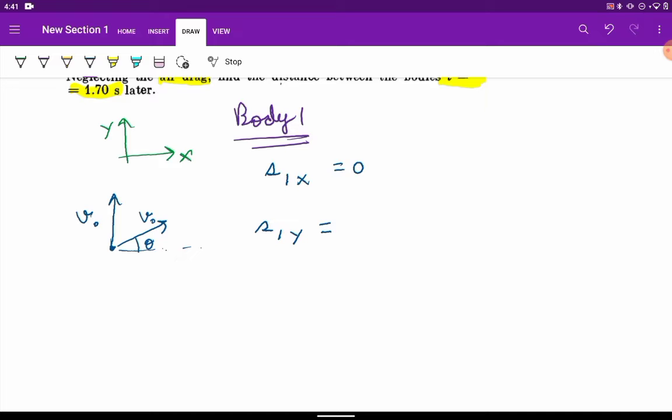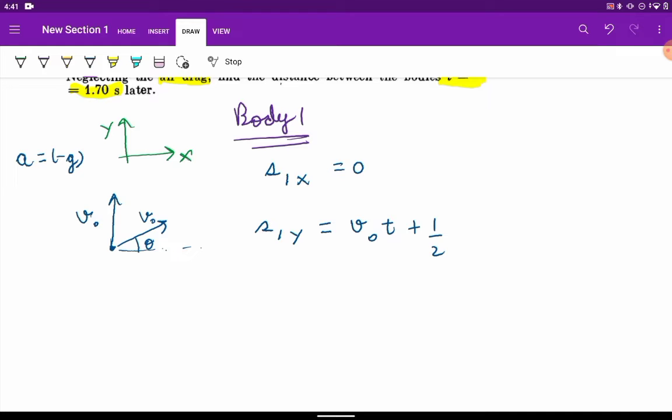So s is equal to v naught t plus half a t square, where acceleration a is actually minus g because it acts in the downward direction, so it's in the negative direction.